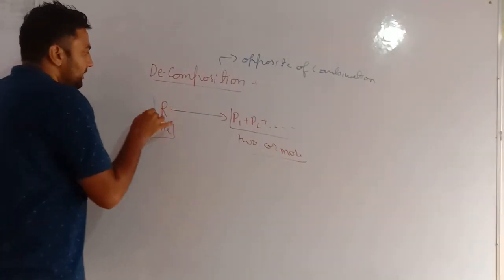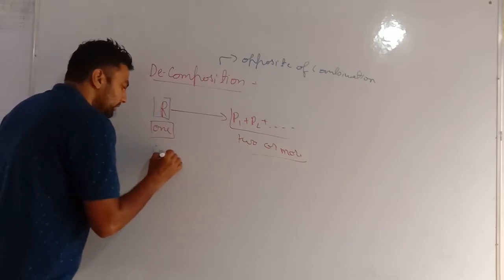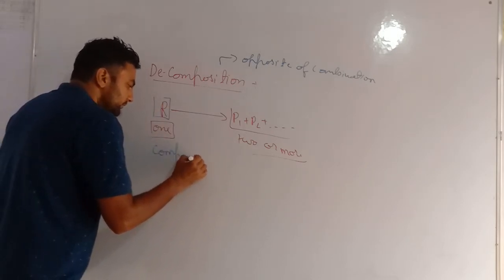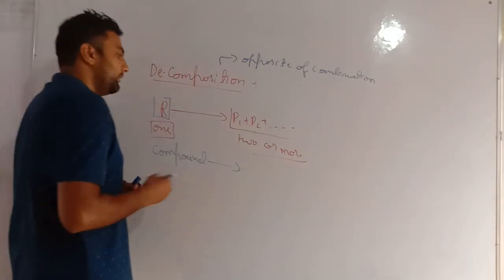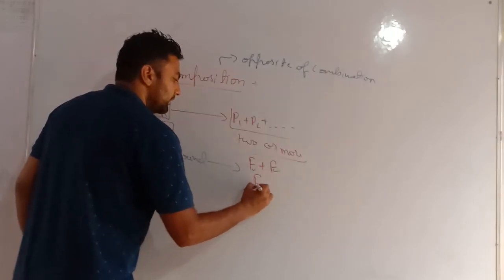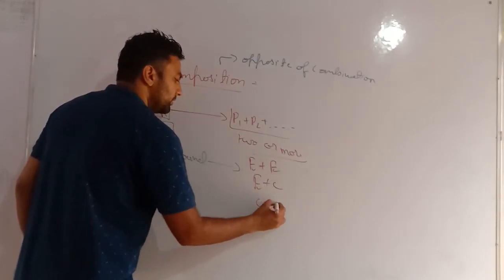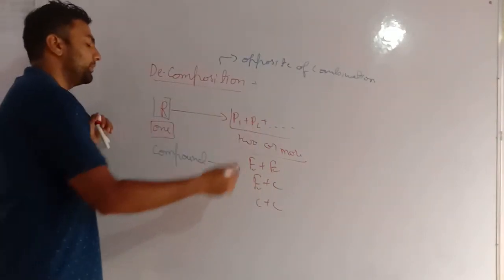In decomposition, if there is any reactant, for sure it will be a compound. And the compound will be giving either element plus element, or element plus compound, or compound plus compound. Perfect opposite of combination.